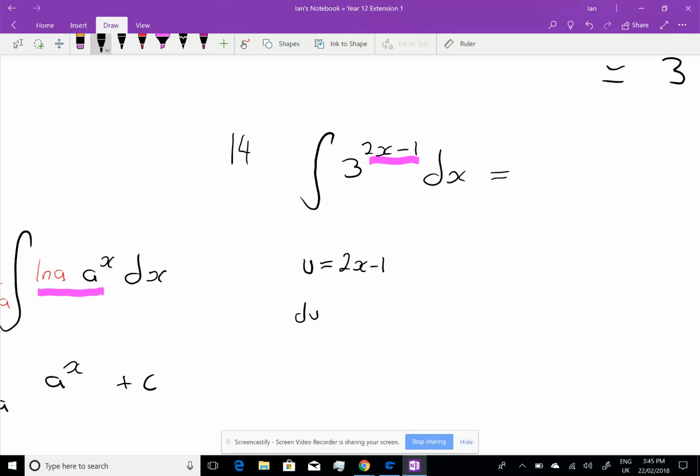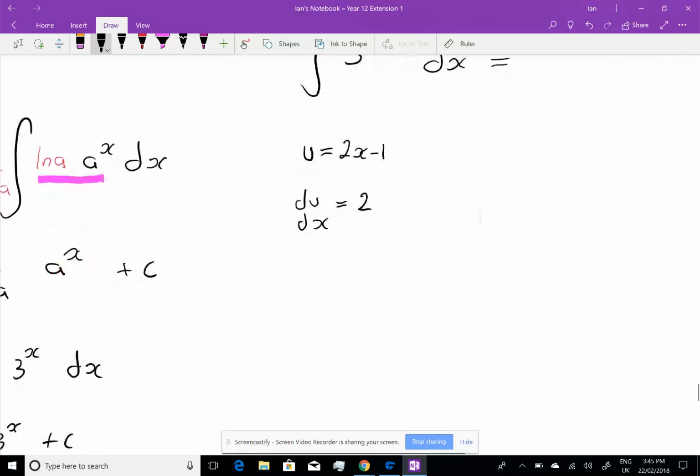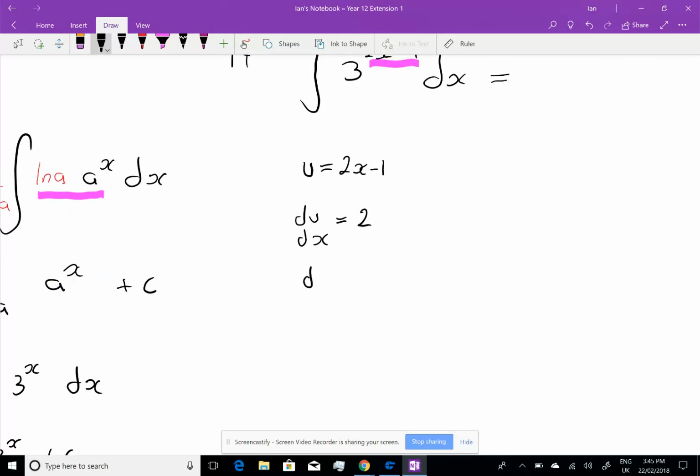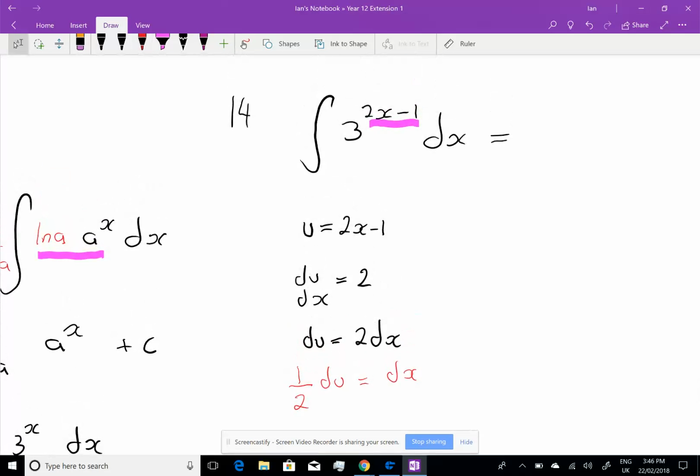Therefore, du/dx equals 2. Therefore, du equals 2 dx, or for those who like to do it this way, 1 on 2 du equals dx. And now I can do some substitution.